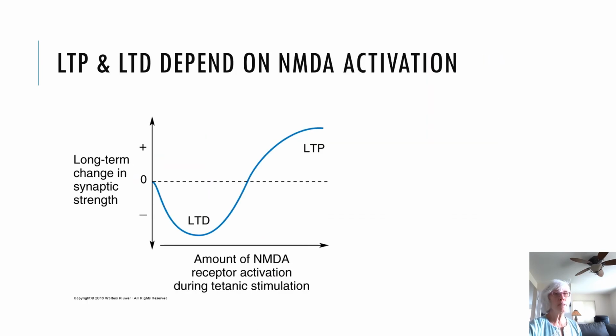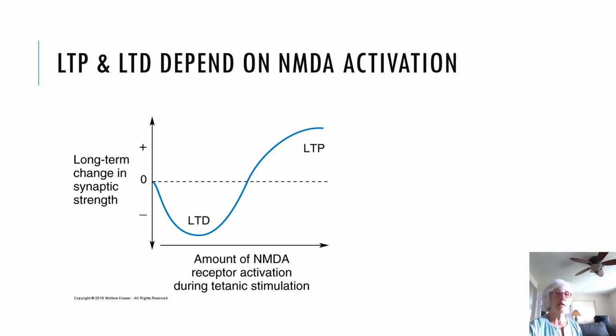Both long-term potentiation and long-term depression depend upon NMDA activation, but obviously of different levels of NMDA activation. On the left-hand side of this graph, we see long-term depression, and we see that long-term depression is associated with a small amount of NMDA activation.